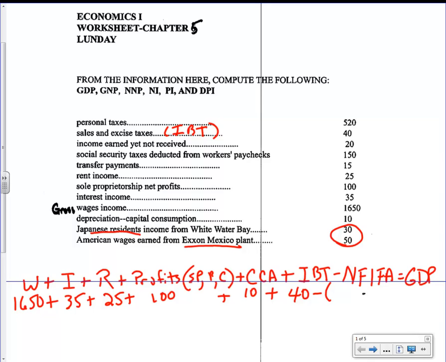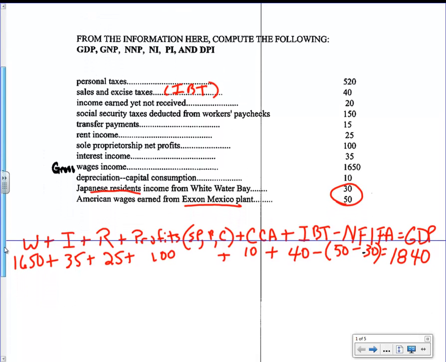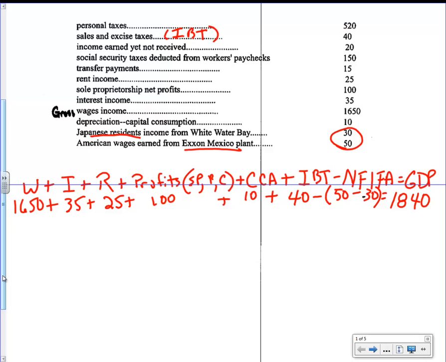So therefore, 50 is United States made abroad, and 30 were other countries made in the United States. So we net that to be 20. Once we do that, our gross domestic product will equal $1,840.